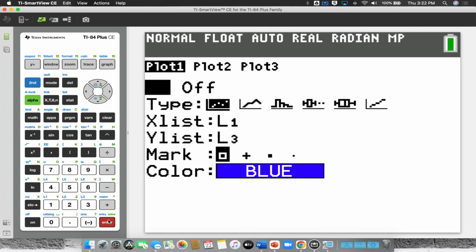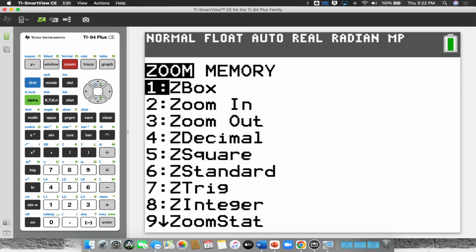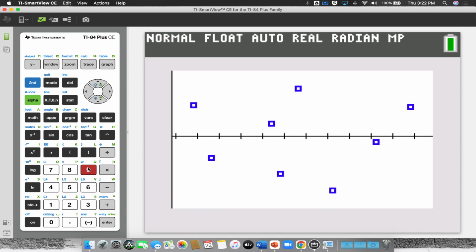Make sure it's blinking on. Okay, zoom, and then zoom stat. And there's your graph right there. That's the graph you're doing. The X is temperature, the Y is residuals.